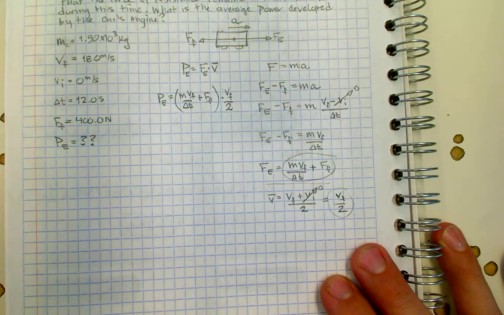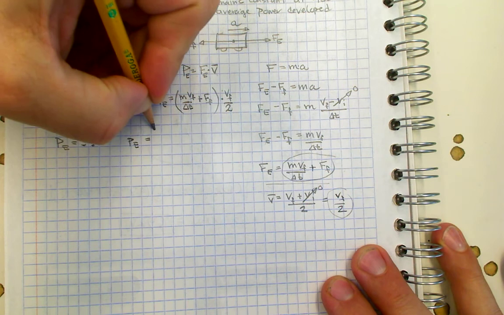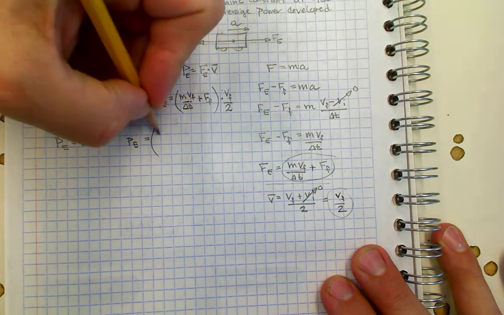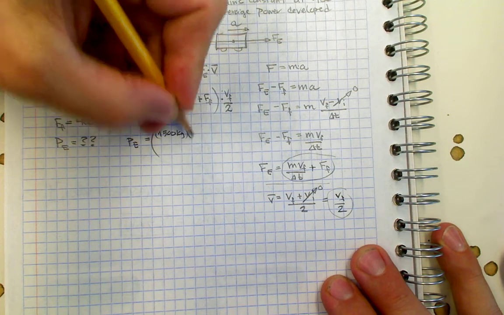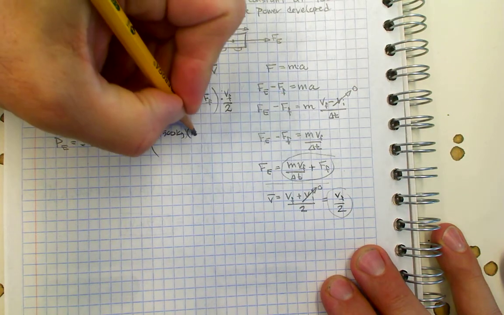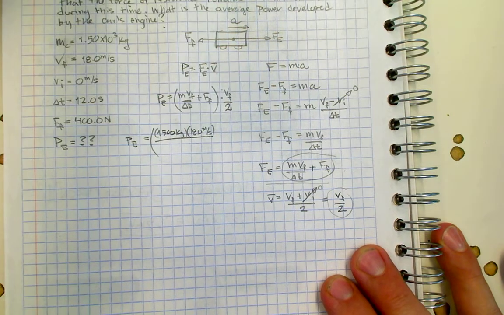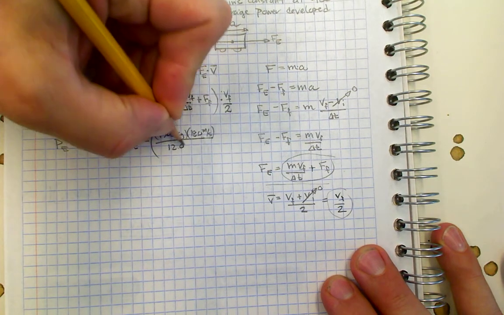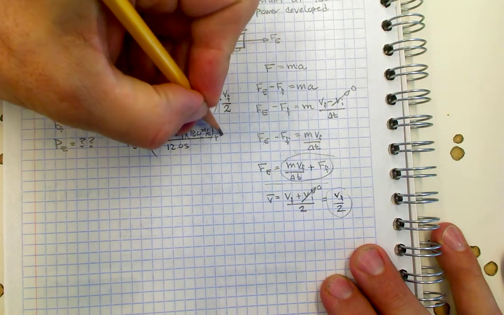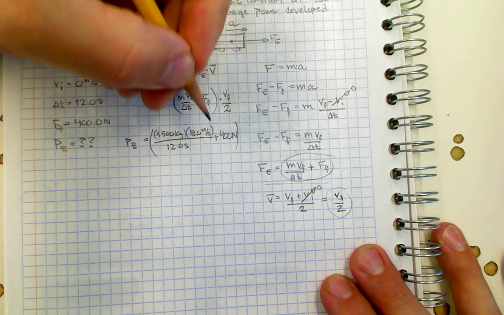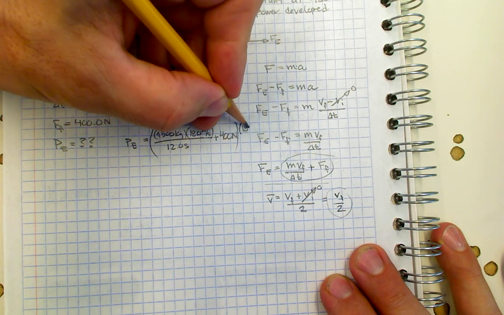And when I actually evaluate this, I'm just going to plug everything in here. I get 1,500 kilograms times the final speed, which is 18.0 meters per second, divided by the change in time, 12.0 seconds, plus the force of friction, 400 newtons. And then I'm multiplying that by another 18 meters per second.